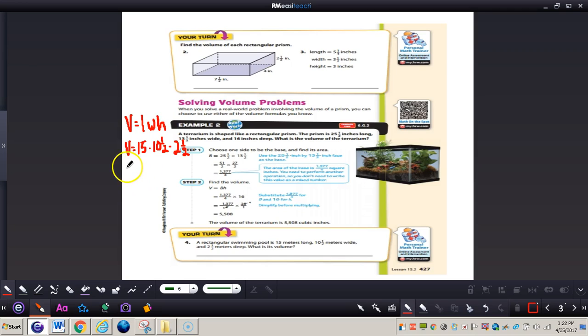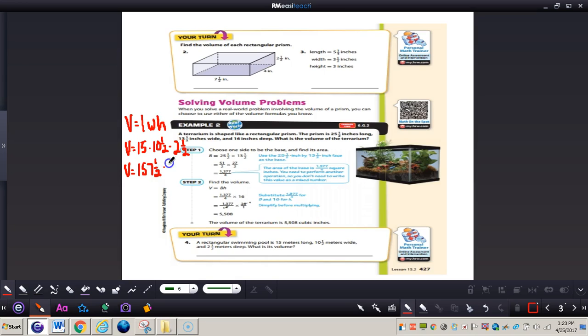Let's write this out together. You can do it in your math journal. Don't try to squeeze it in your math book like I am. I just have it over here for you. Now we're going to multiply the length and the width together. 15 times 10.5 will give us 157 and 1/2.